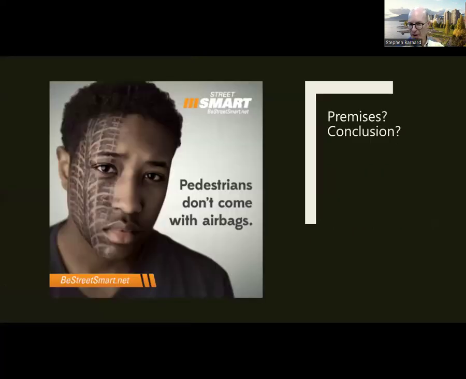This one here, this is a public service announcement. Pedestrians don't come with airbags. This is encouraging people to pay attention to road safety and to remember that cars can be dangerous. Car accidents can cause a great deal of harm.